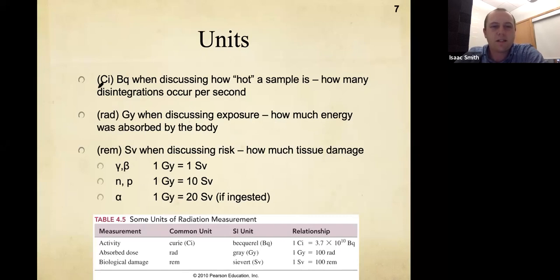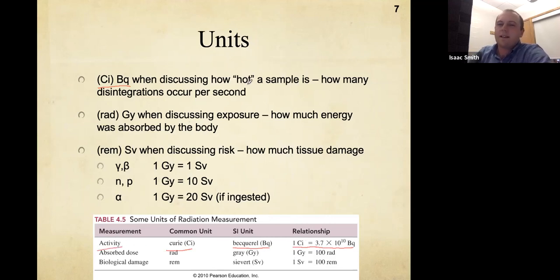So this first one here, Ci and Bq, refers to curie or becquerel. Okay, and then the curie is the common unit, and the scientific unit is the becquerel. And then this would be the conversion between the two, which I'd give you if you were asked to do it. Okay, and this really talks about the activity of a radiation source.